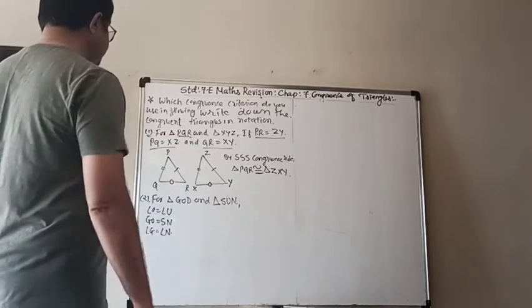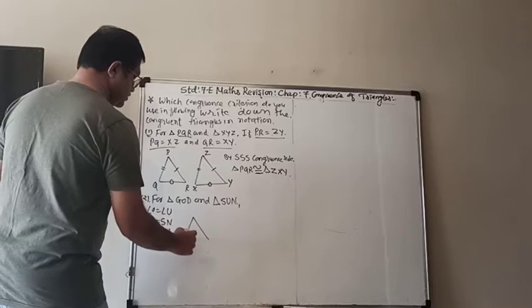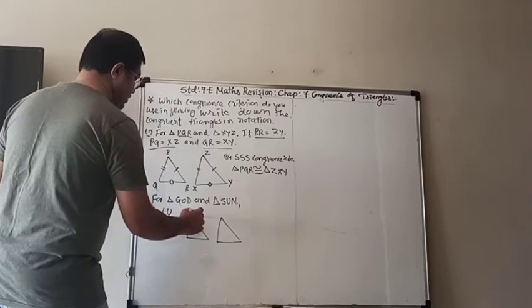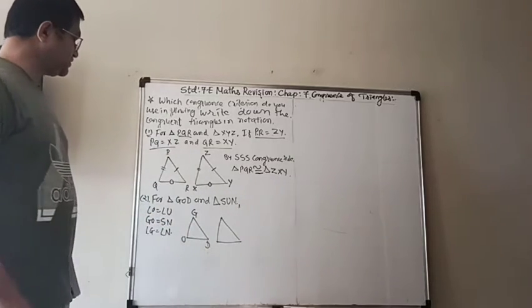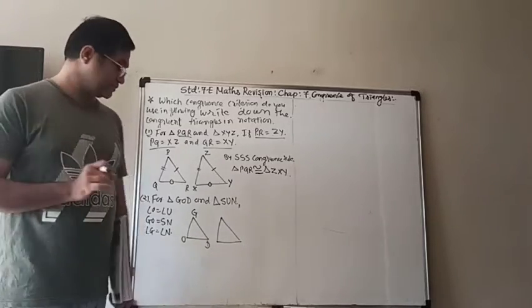So here, as I told you, draw two triangles, give name of the first triangle first. Now check the angles. When the angles are given, it is easier for us.